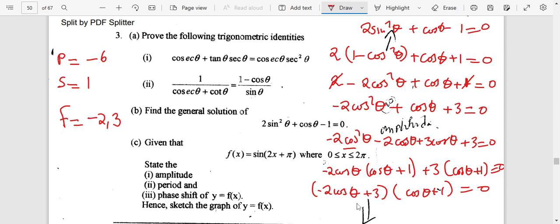So I'm going to equate both to 0. I'm going to equate this to 0. Then the 3 will go the other side, becomes negative, and then we'll divide both sides by negative 2. So it will give us cos theta being equal to positive 3 over 2. And then I'm going to take the 1 the other side, so I'm going to have cos theta being equal to negative 1. So these are the two equations that we are supposed to solve.